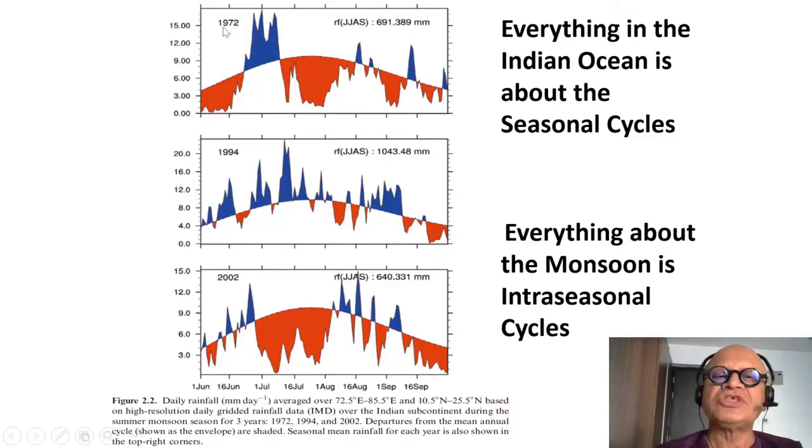And talking about El Nino, 1972 was a strong El Nino. 94 was a weak El Nino, but there was an El Nino-like thing happening in the Indian Ocean, which is called the Indian Ocean Dipole Mode, or some people call it the Indian Ocean Zonal Mode, because there's a long debate about whether it's a real east-west dipole or whether it's a monopole, and so on and so forth. Nonetheless, 2002 was also an El Nino, but it was a so-called Central Pacific El Nino that we talked about.